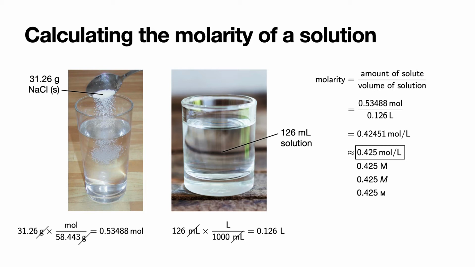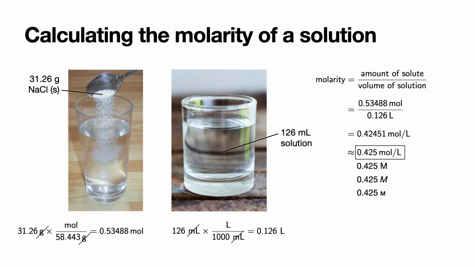The letter M is often used to represent the quantity of molarity, and I personally don't like to use the same symbol for both a quantity and the unit for that quantity. And so I like to use capital M, I'll usually italicize it, and then I use that for the quantity that represents molarity, and then for the unit I will typically use moles per liter, just to avoid any confusion.